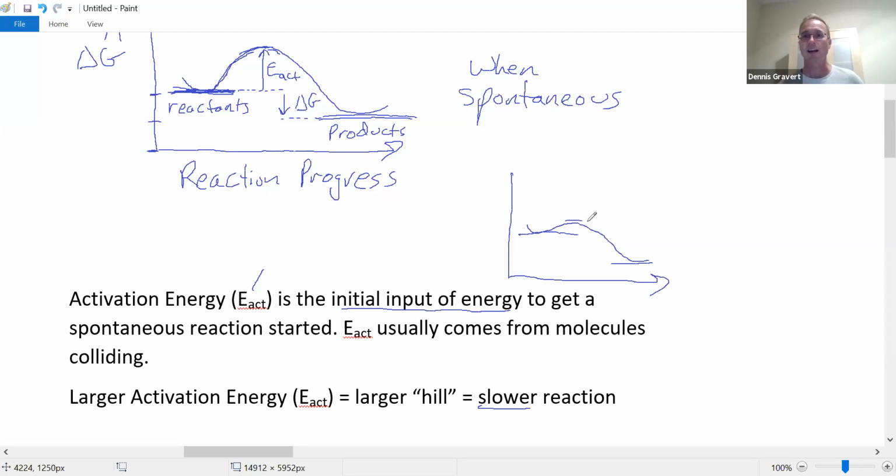It's only a little activation energy. Small activation. Then this should be a very fast reaction. Just at room temperature, these molecules might collide with enough force to get the reaction going. Cool, that's the idea.